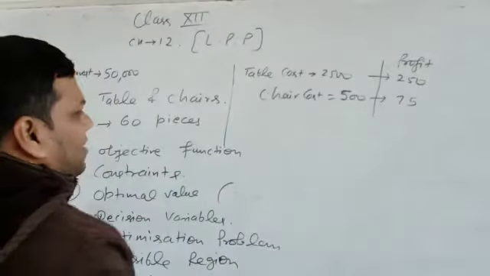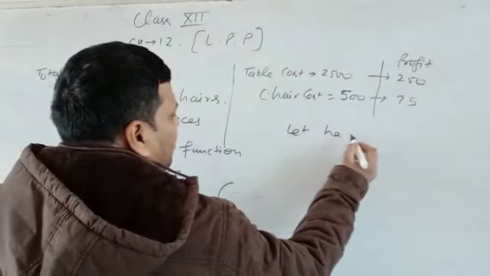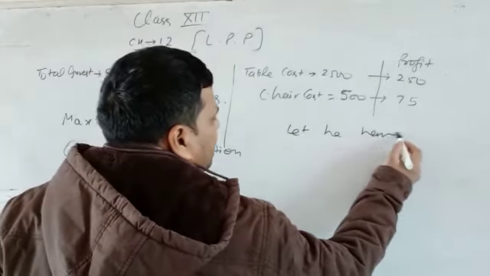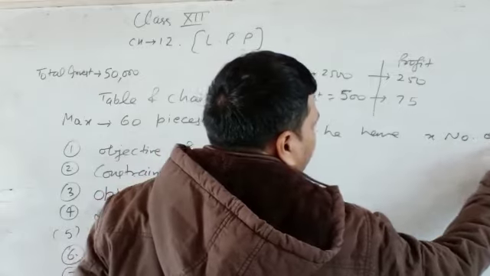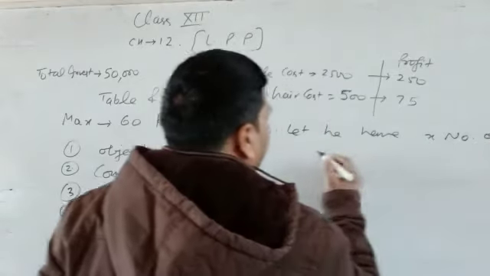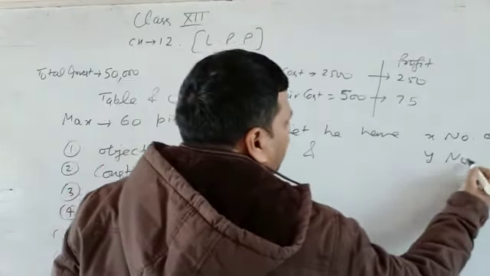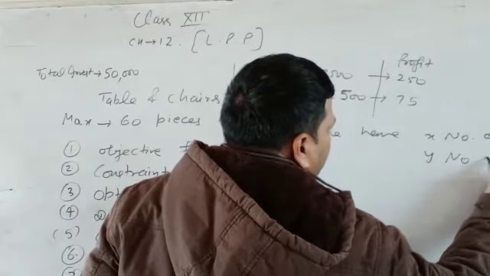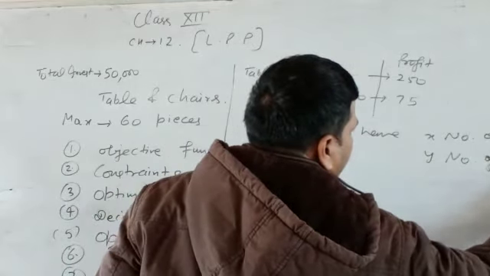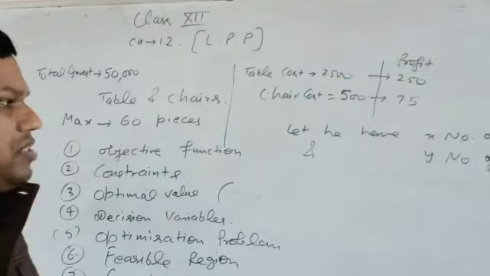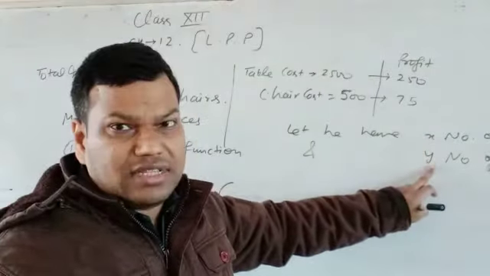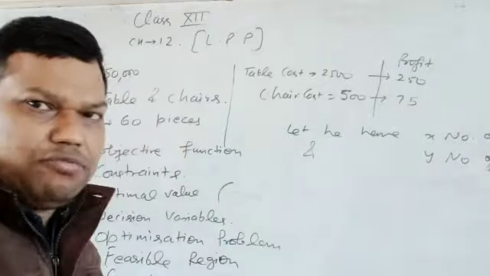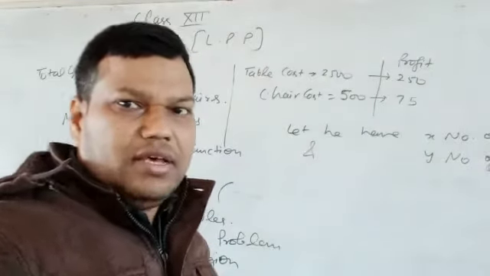Let him have x number of tables and y number of chairs, right? We don't know how much he has to invest in which type of things, like table or chair. We have to give him an idea. So this is the use of mathematics. We are going to solve this.